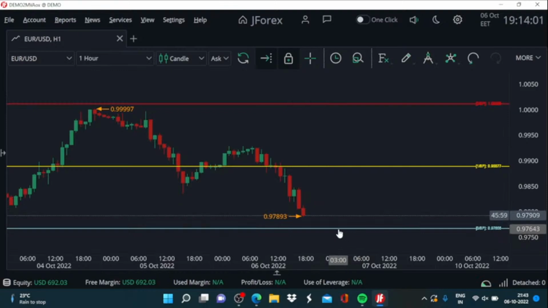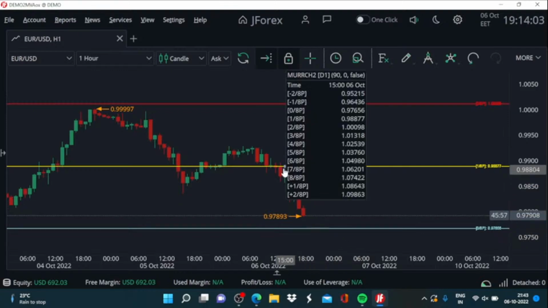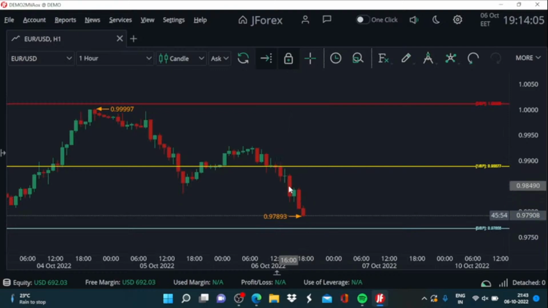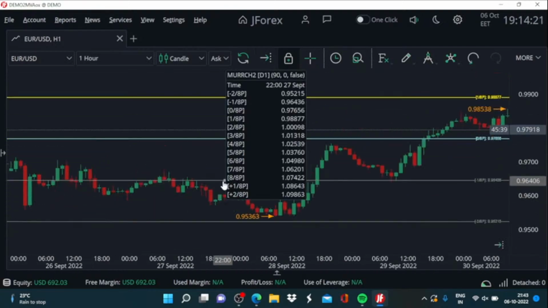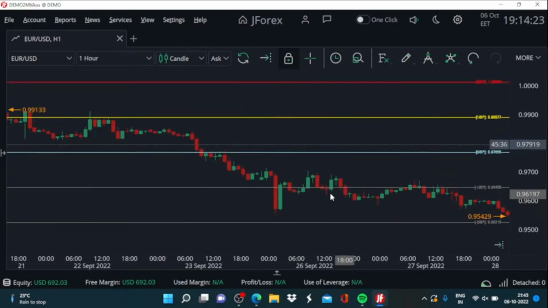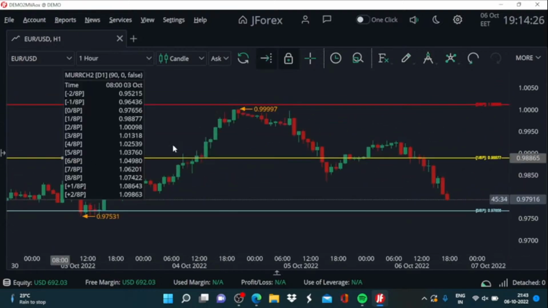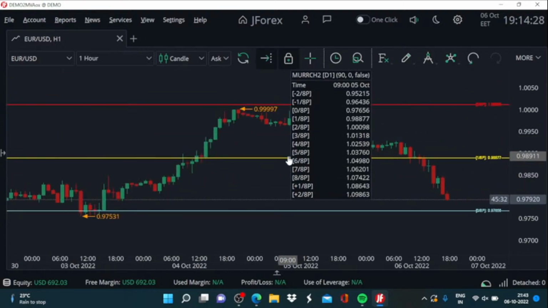But for that level to be effective, first we will have to allow the price action of EUR/USD to go and touch this line. And after that, if it consolidates or if it breaks below that, then we will have to make the assessment on the basis of that. So all these lines can be utilized in a similar fashion. And this indicator here is being drawn on the data used for the last 90 days.